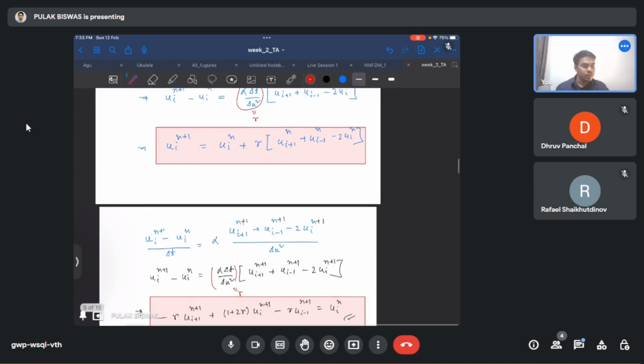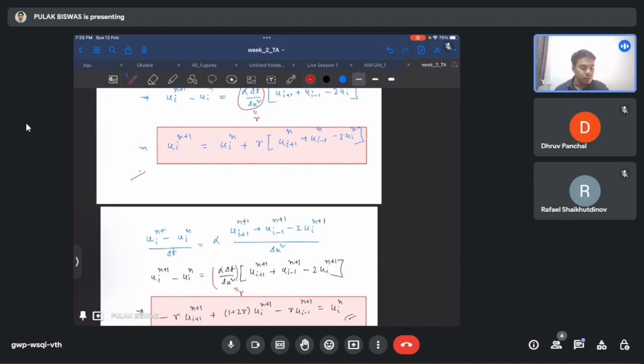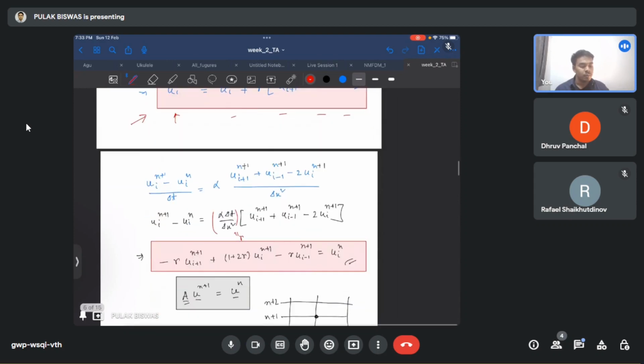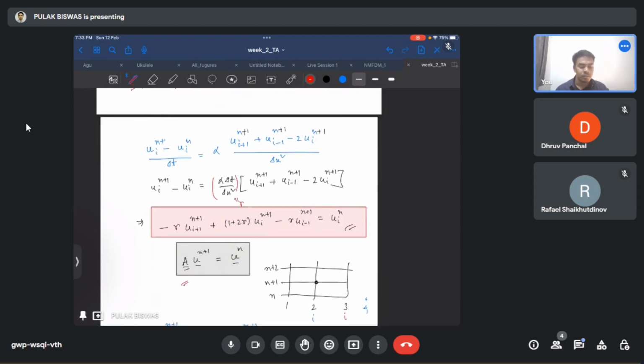But one thing is that if you use the explicit scheme, it is much simpler. You just use the present values, you can directly compute the future value. But here it involves a solution of a matrix, so this one is computationally costlier.